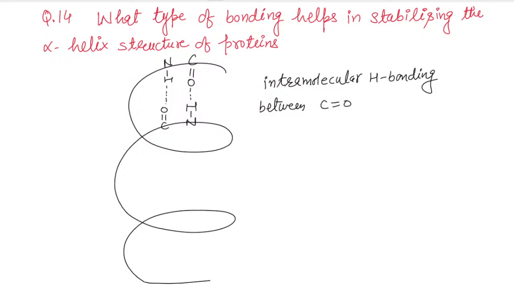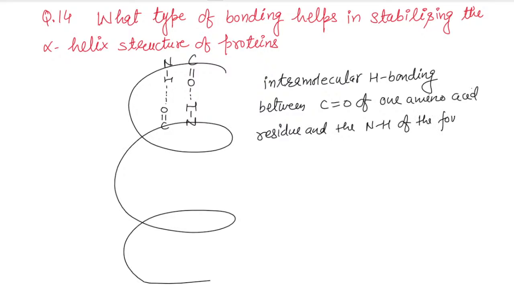You will write intramolecular hydrogen bonding between the CO of one amino acid residue and the NH of the fourth amino acid residue. That you should keep in mind.